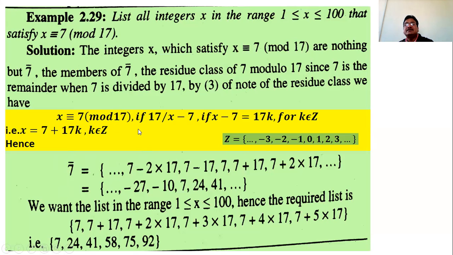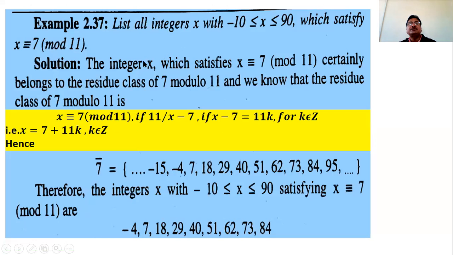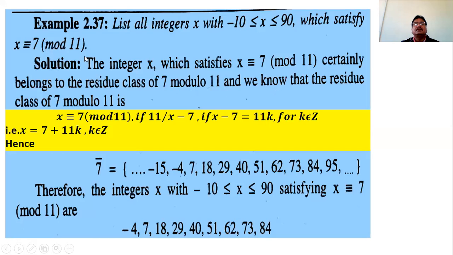So this is a very simple example: find the values of x that satisfy this relation. Now the same type of question. What was the previous example?